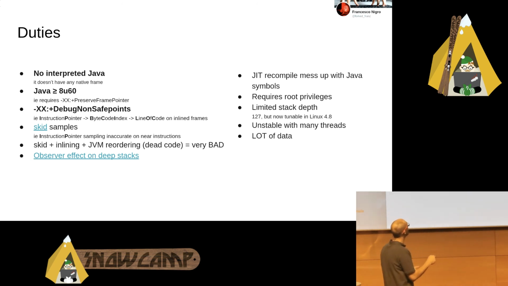In that case, you should add another option called DebugNonSafepoints, that has a very bad name, but remind the safepoint part, if you think about it, that tells the just-in-time compiler to preserve the debug information while performing the inlining. So the method doesn't exist anymore, but you have enough information about what the method could be, like the line of code, the bytecode index, in order to allow perf to see what's going on, even if the method doesn't exist.